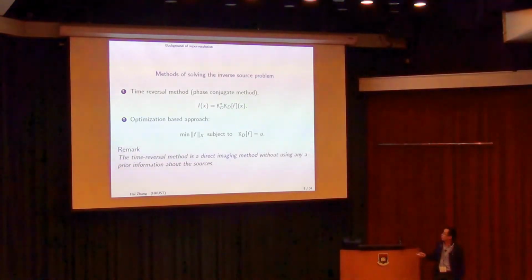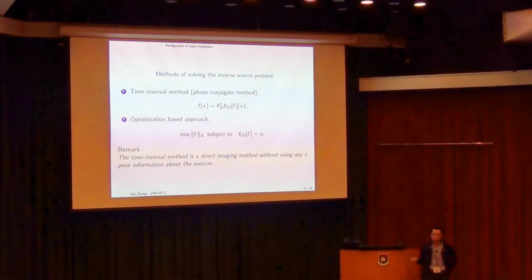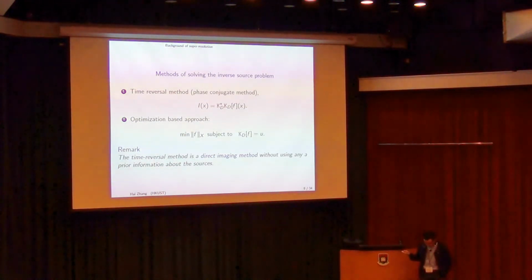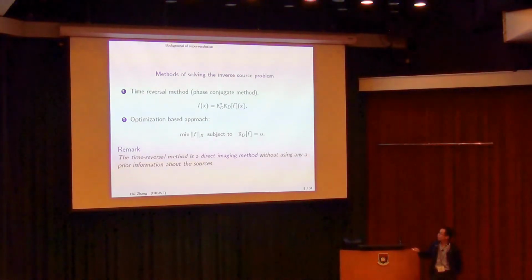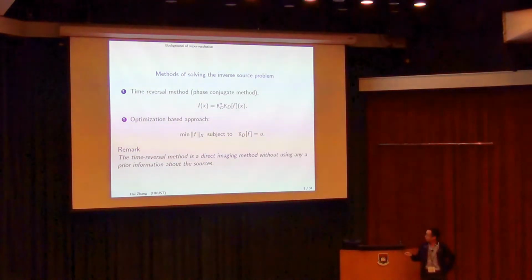The time reversal method is very popular to solve this inverse source problem. It's very simple. We just apply the adjoint operator of the forward operator to the measurement, and we form an image. In addition to this time reversal method, we have a lot of optimization-based approaches. Here is the remark.